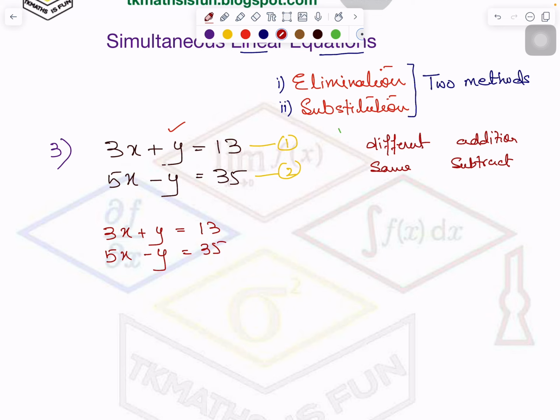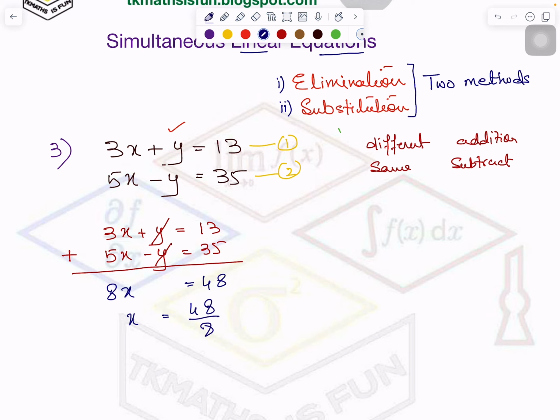Okay. So now I'm adding the equations. When you add the equations, no sign changes. So this is plus y, minus y will cancel out. So 3x plus 5x is 8x. And 35 plus 13 is 48. So x is equal to 48 divided by 8.